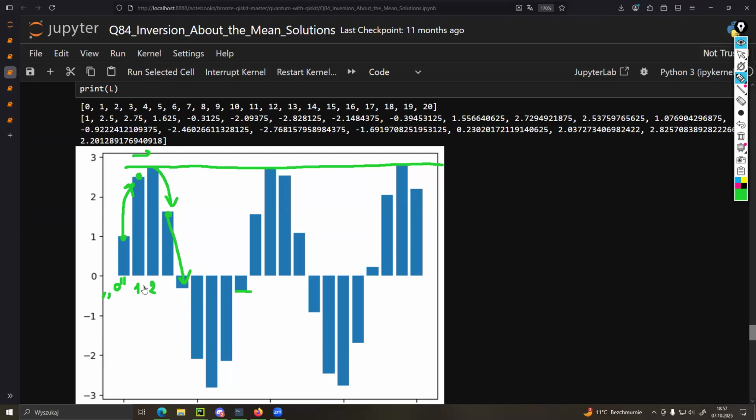So even if I have my initial state as 1, here I have a minus, like what, 0.25. This is a warning for us that we cannot actually apply this as many times as we would like.